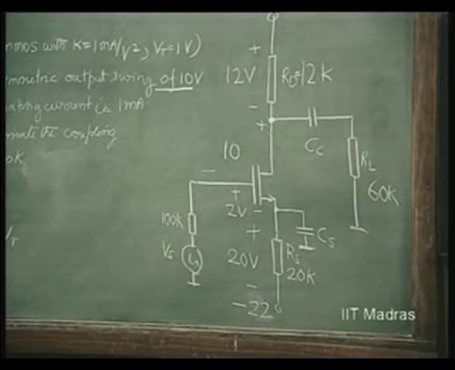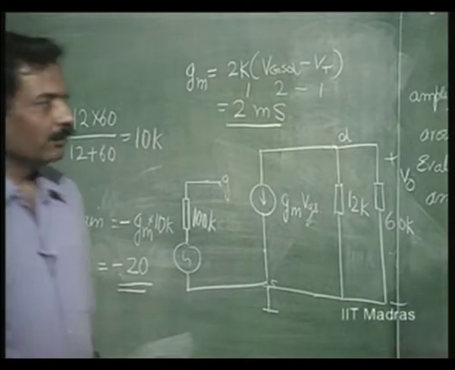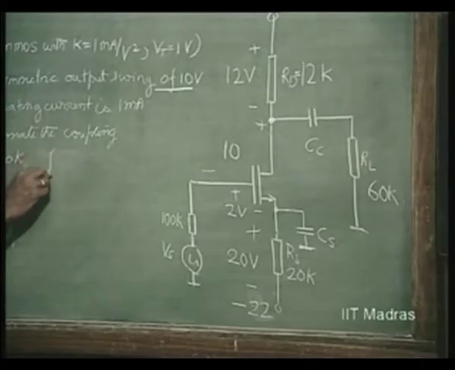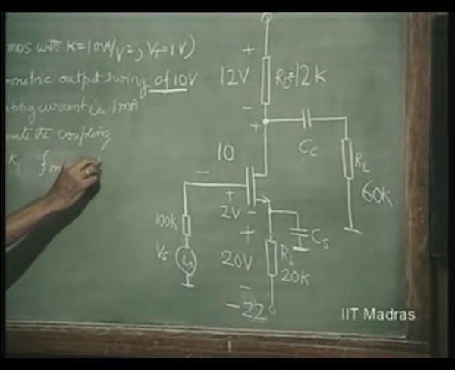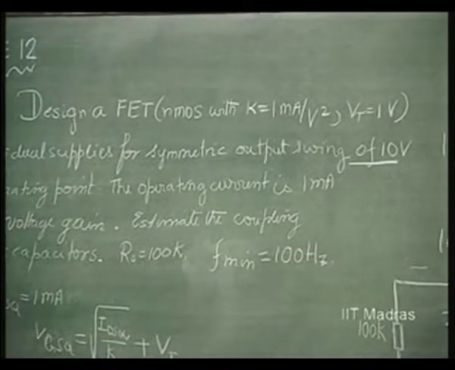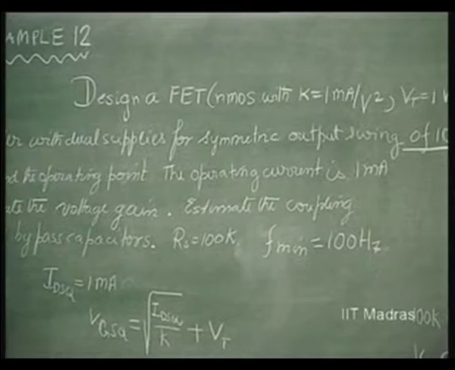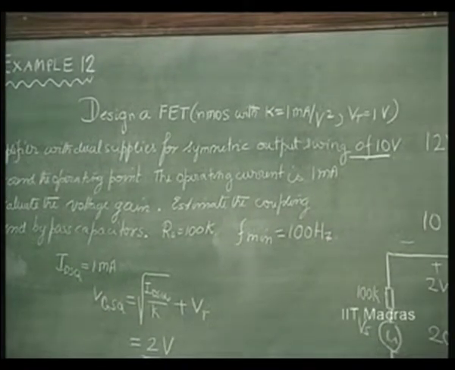Next, we have to determine the coupling capacitors and bypass capacitors. Now, we will say that the minimum frequency of interest is equal to 100 hertz. So the capacitor should be a short circuit compared to the resistance seen across the capacitor at the minimum frequency of interest.